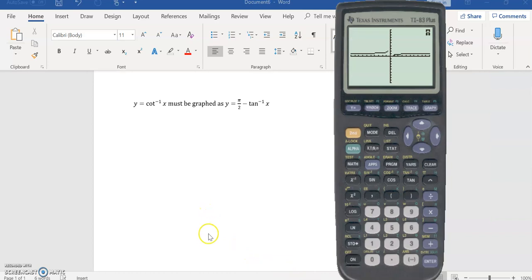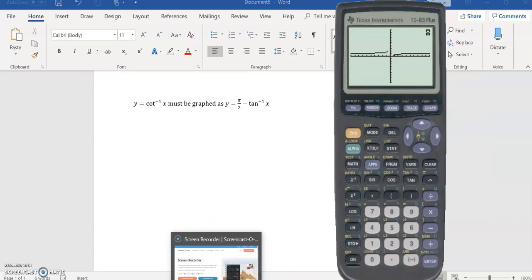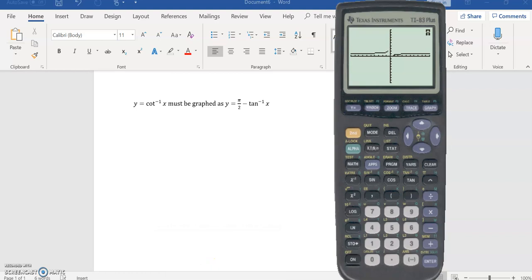So I switched over here to the arc cotangent. When I look at the arc cotangent, I can't put it in directly as I did.